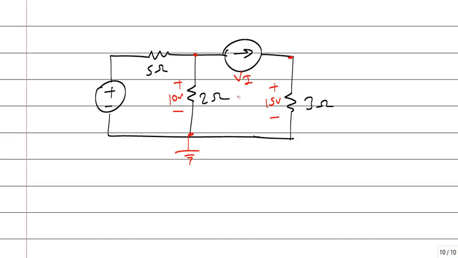You know the current of the current source. You can analyze the circuit, but you don't know the voltage of the current source. How can you find it? You will find the voltages of the other components, the resistors, and then apply a KVL.